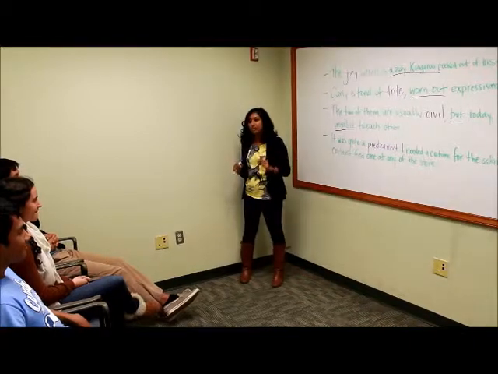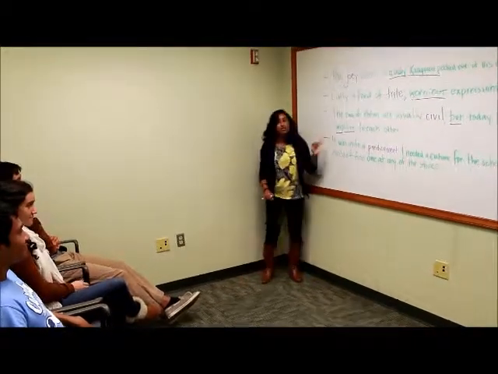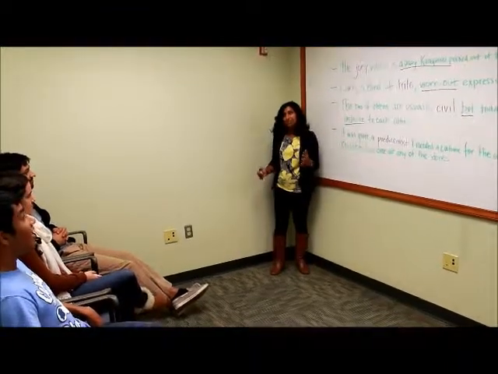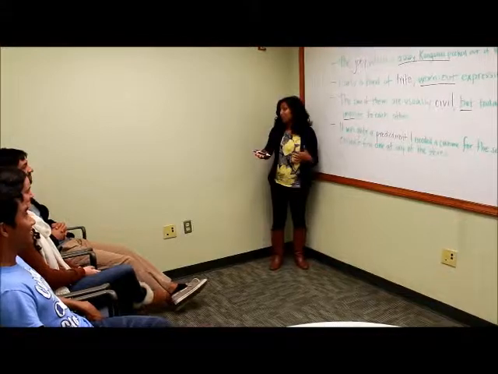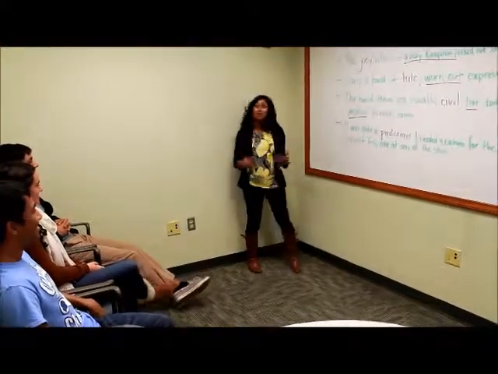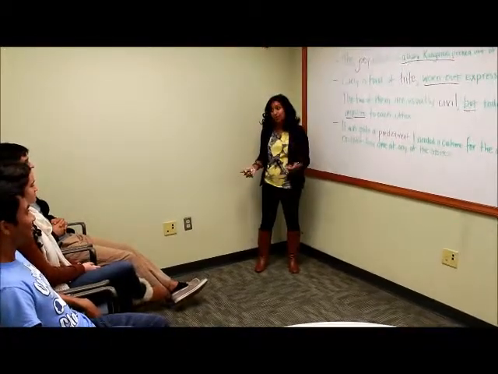So what type of clue is that? Antonym. And so if antonym is opposite, what do we think civil means? Not impolite. Or polite. Polite. Right? So they're usually really polite to each other, but today they were quite rude, right?